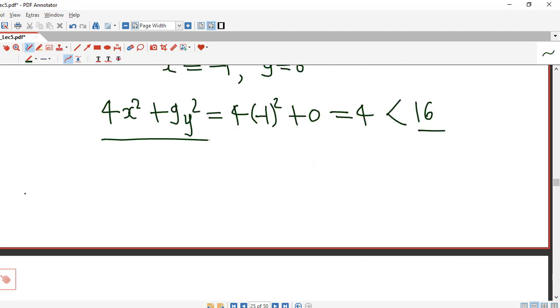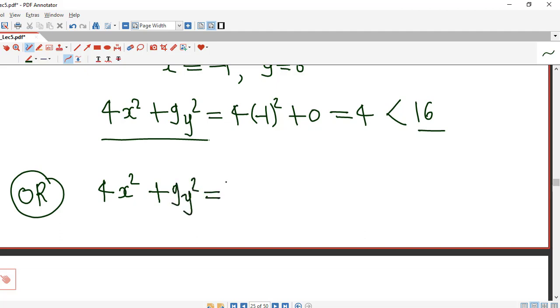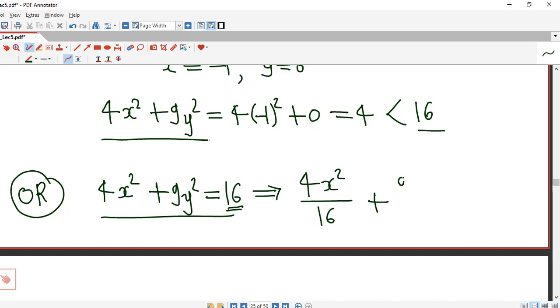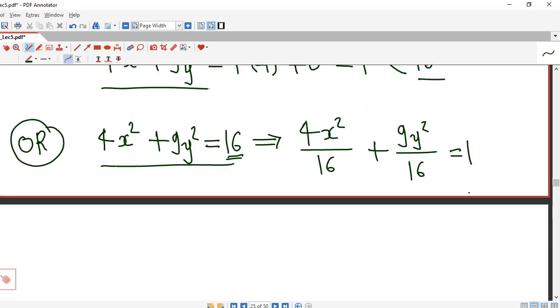And if we don't want to check in this way, we can convert our equation of the ellipse into standard form. For that we can rewrite this equation by dividing the whole equation by the right hand side, which is 16. So we have 4x square by 16 plus 9y square by 16 equal to 1.